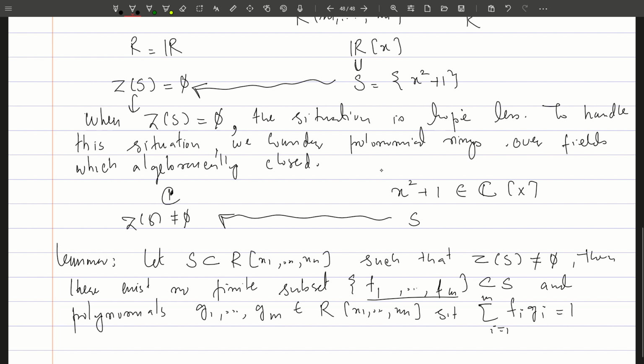So this is not true. I mean, if this zero set of S is non-empty, then no finite subset of S generates 1.